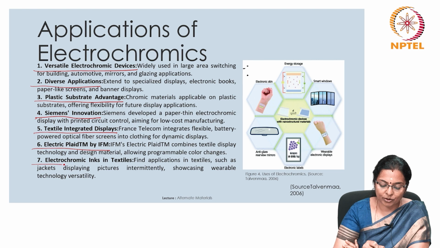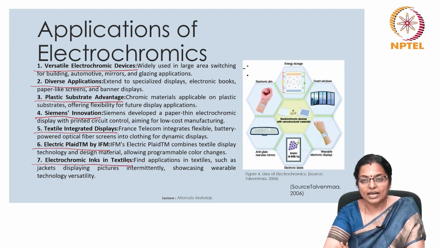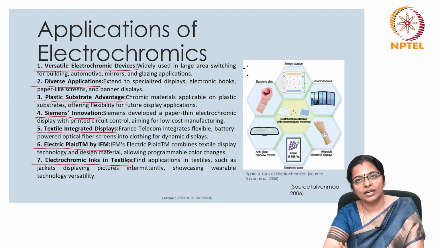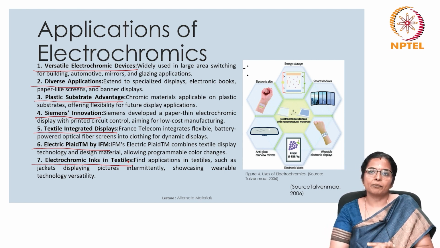Then there is electrochromic inks in textile. These find applications in textiles such as jackets displaying pictures intermittently, showcasing wearable technology versatility. So, electrochromics have exciting uses in various fields.